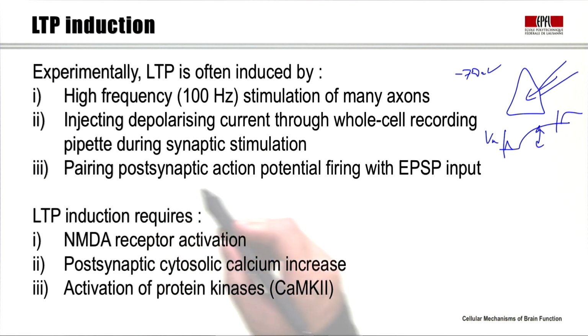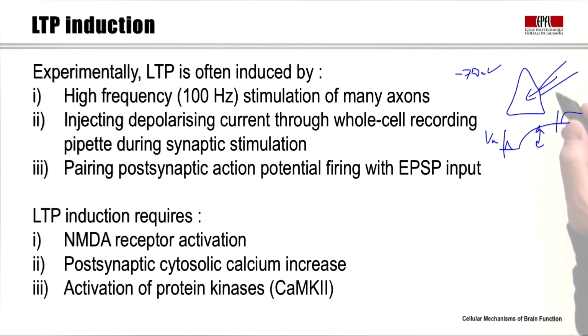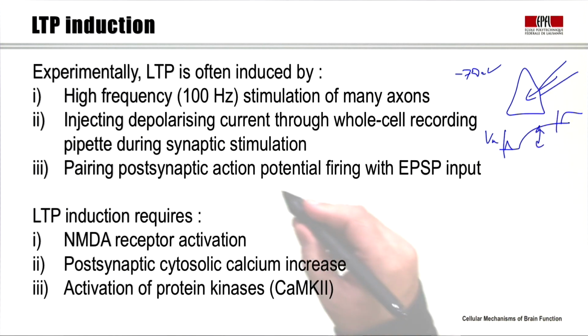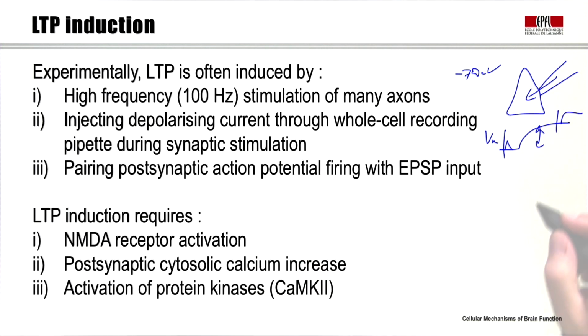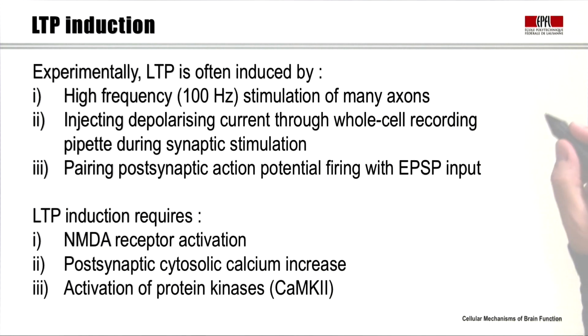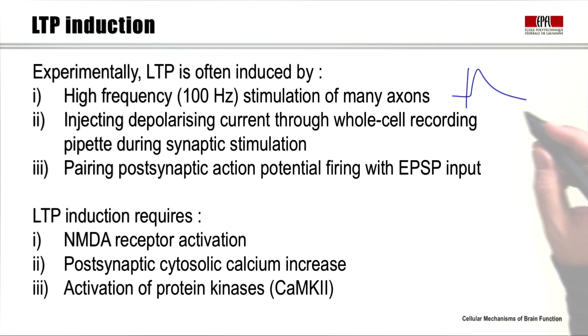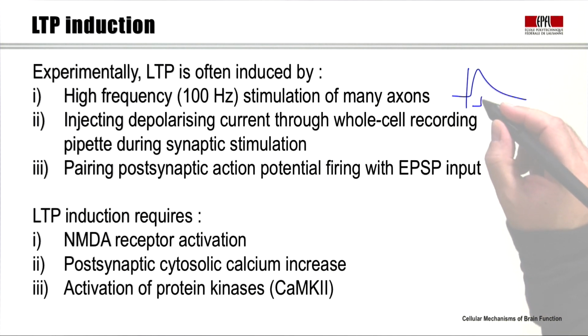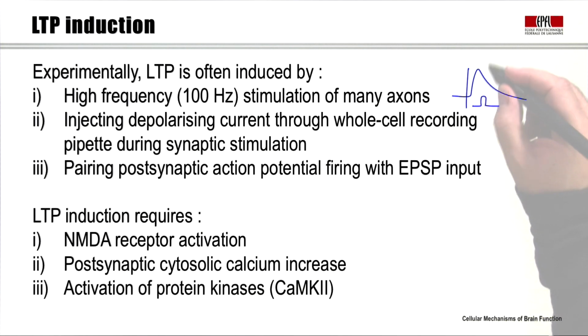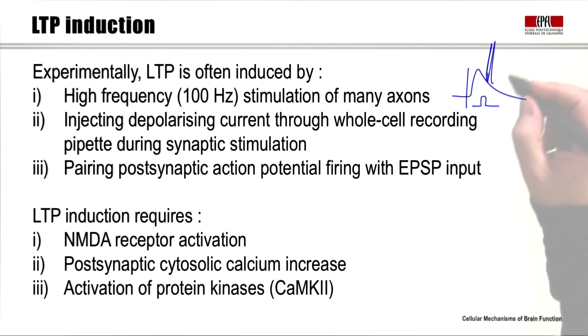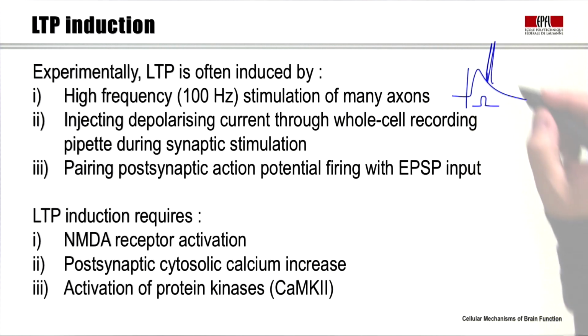And finally, it's a similar type of thing. You're also injecting currents, but here it's not a long-lasting depolarization, but you can simply inject brief currents to fire action potentials in the postsynaptic neuron. And so if we're recording an EPSP, then we can make brief current injections in the postsynaptic cell to depolarize and fire action potentials during the actual EPSP that's occurring in the postsynaptic cell.